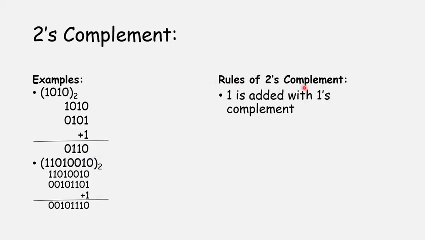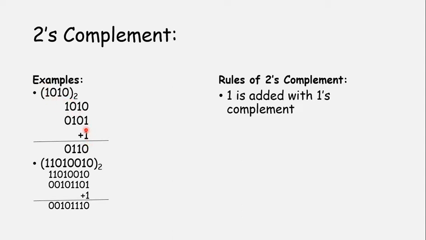Then we will see two's complement. What is the rule of two's complement? 1 is added to the one's complement. My binary number is again 1010. First we do the one's complement of that number: 0101.